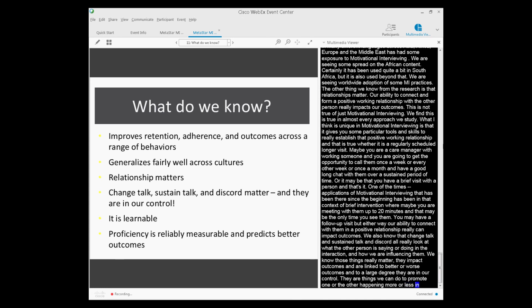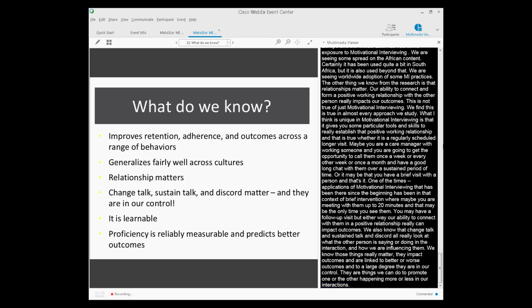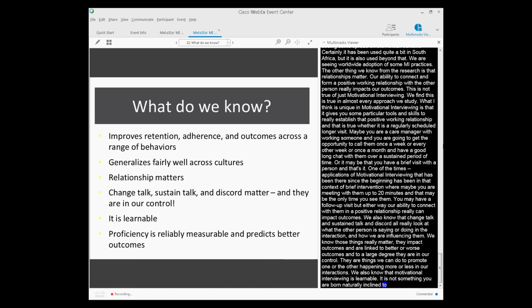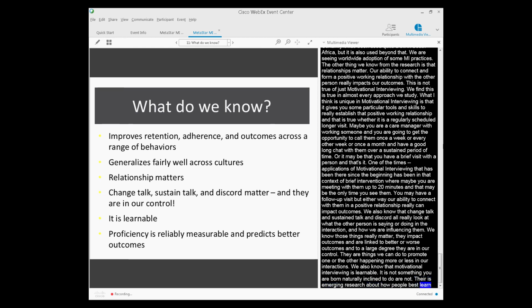We also know that motivational interviewing is learnable. So it's not just something you either are born naturally inclined to do or not. There's emerging a great deal of research about how people best learn and develop their skillfulness in motivational interviewing.